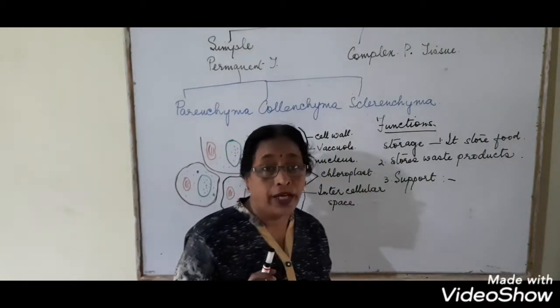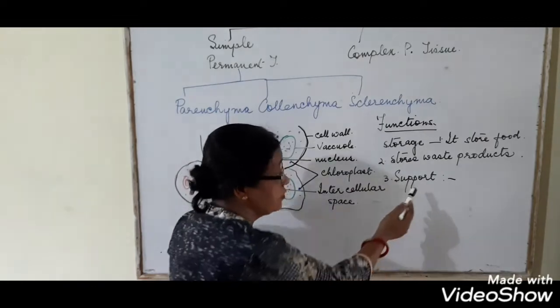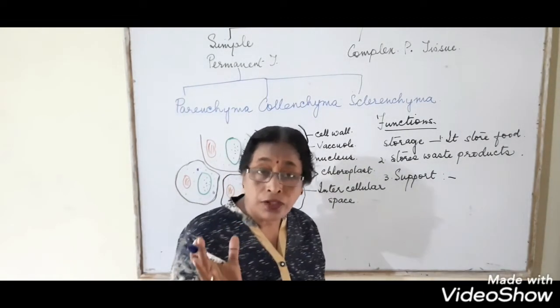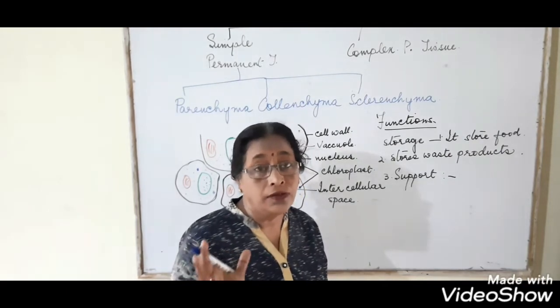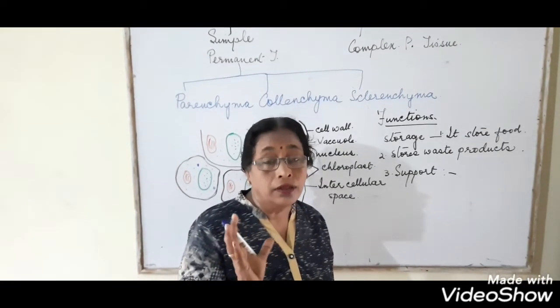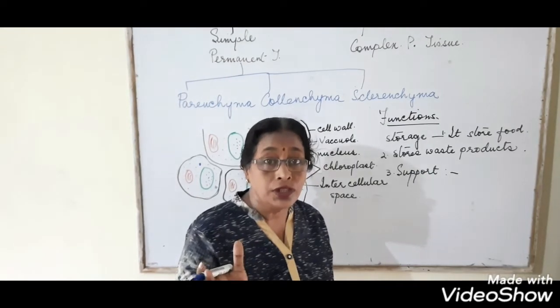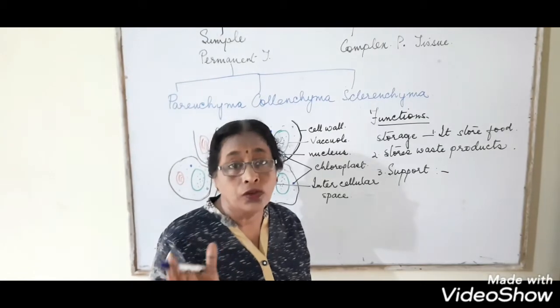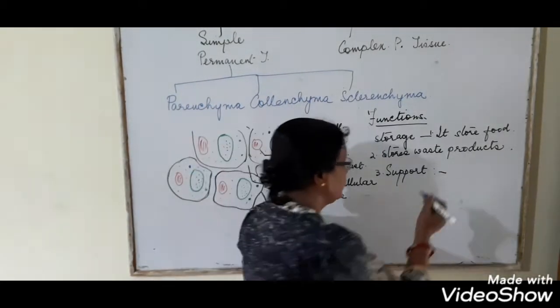Another function of the parenchymatous cell is to give support. It gives support to the softer part of the plants, that is, it helps in giving flexibility, rigidity and turgidity to the soft parts of the plant, that is, new parts of the plant.